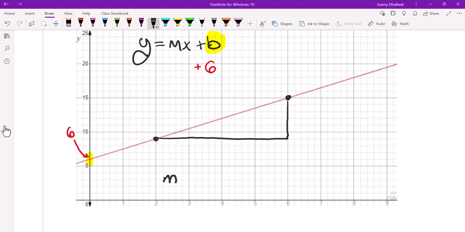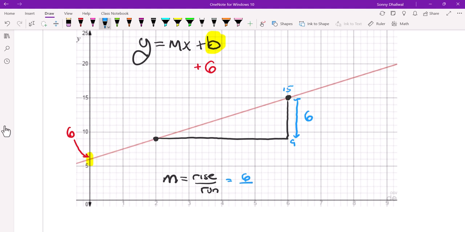So our slope is our rise over run. How did we change vertically? How did we change horizontally? Let's do the vertical one first. We started down here. What number did we start at? 9. And we went up to 15. How far did we move? 6. So our rise is 6.